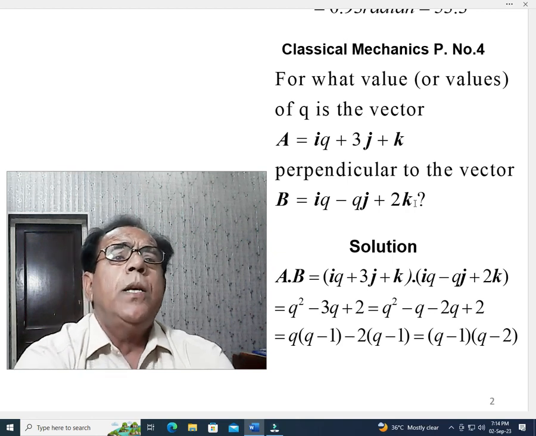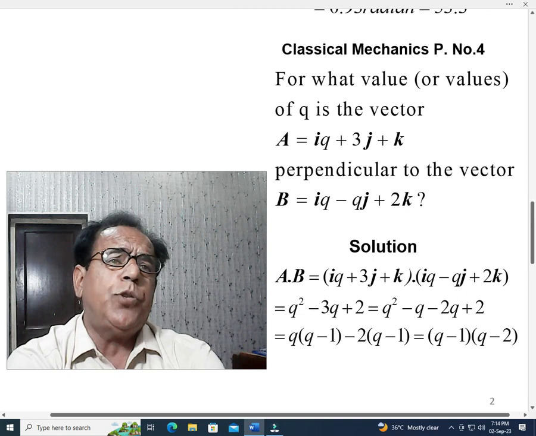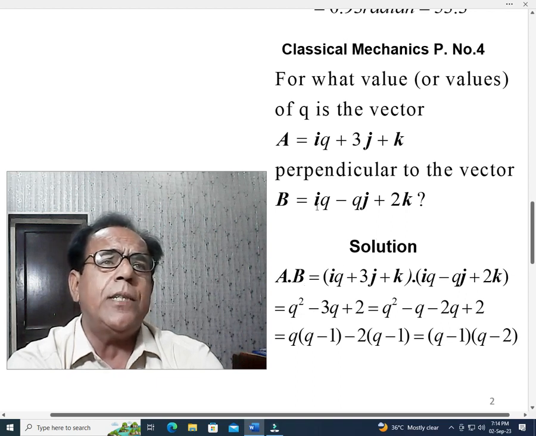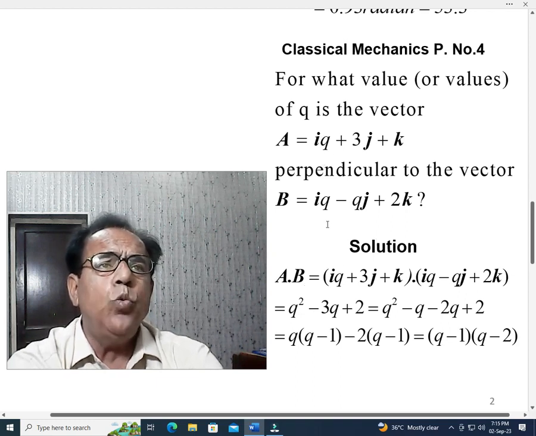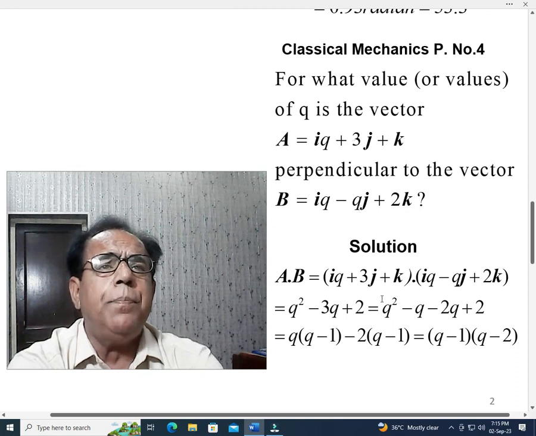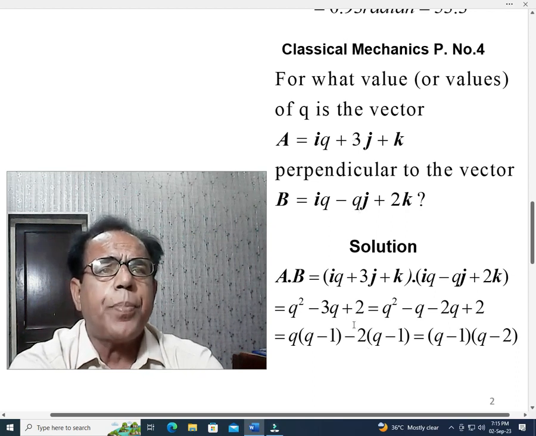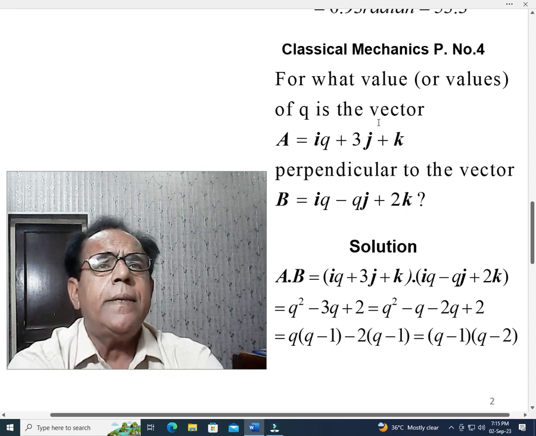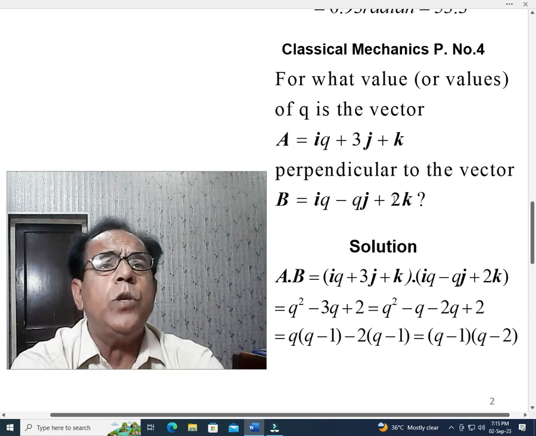So we come towards its solution. A dot b is equal to q into q, that is q square, 3 into minus 3q, minus 3q, and 1 into 2 equal to 2.